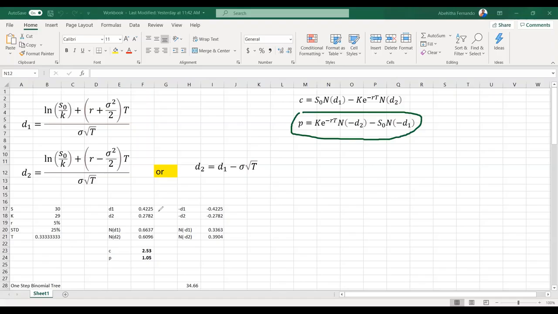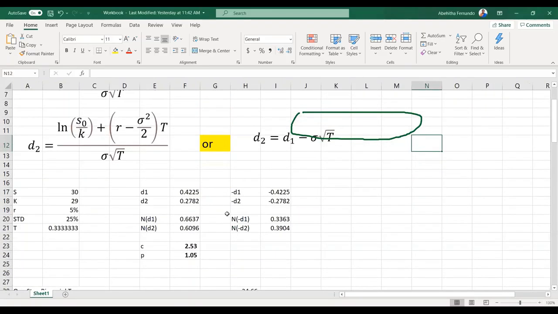Previously, to calculate the European call price, we calculated D1 and D2. Here, instead of taking the positive values, we should take the negative values. So you should take minus D1. Earlier, D1 was 0.4225, right?